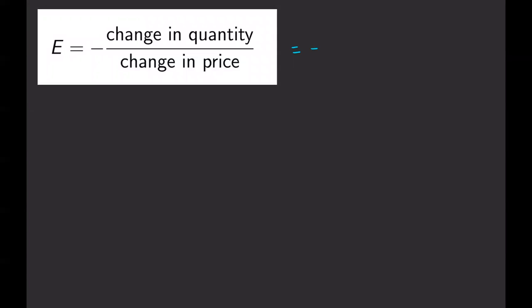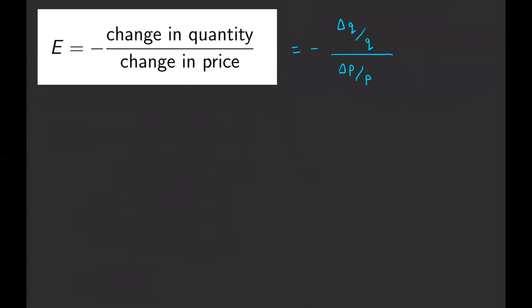The change in quantity we could represent by delta Q, and that delta is just a symbol that I'm using to represent change. And we might say that delta Q is divided by Q, because we're saying there's a change in the quantity, but we look at that relative to what the original quantity was.